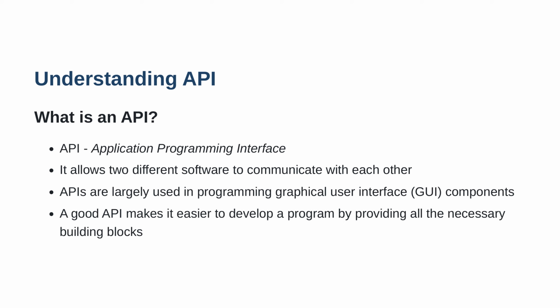In a nutshell, the role of an API is to provide a channel of communication between software and to simplify the process of program development by acting as a helpful toolkit of essential software interaction methods. Here on this slide, we see a strong emphasis on understanding the crucial role APIs play. And as we progress through the course, we'll delve more deeply into it, recognizing not only how APIs function, but also how to make the most of them while programming.